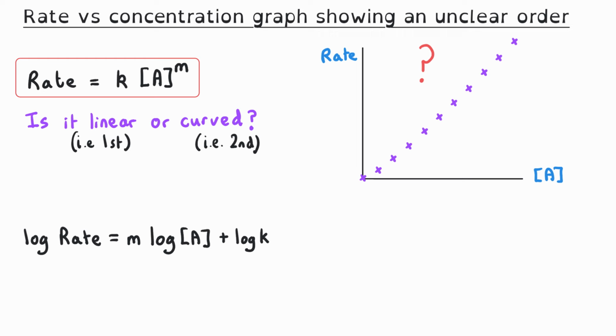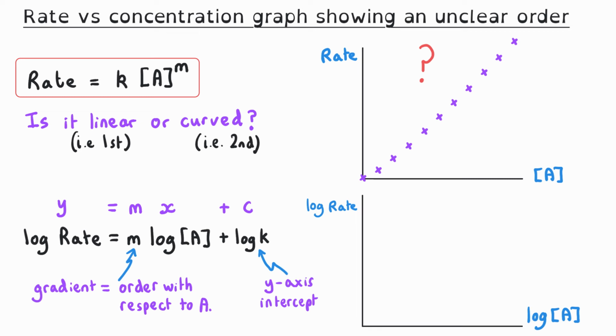And this gives us a new equation where the log to the base 10 of the rate of this reaction is equal to m log[A] plus log k, where this is of the form y equals mx plus c.